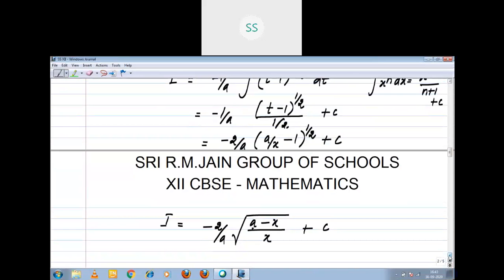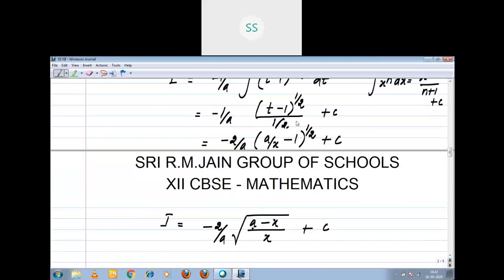When you are taking LCM, t square, that is t minus 1 divided by square root of t square. Square root of t square is nothing but t. Then it will move to the numerator. Then it becomes t square divided by square root of t minus 1 into dt divided by t square. When everything is cancelled, minus 1 by a into integral dt divided by square root of t minus 1.